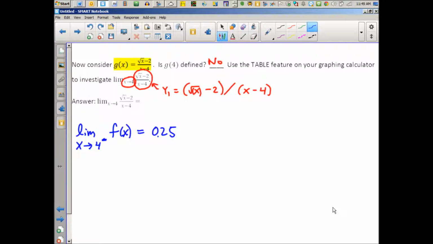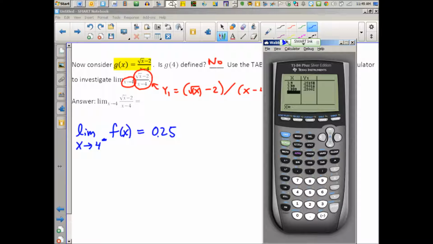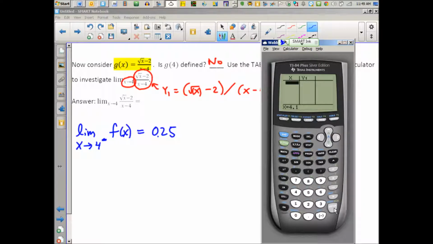Okay, then let's get out our calculator and try numbers larger than 4. Let's clear this out. Let's do 4.1. Let's also do 4.01 and 4.001.